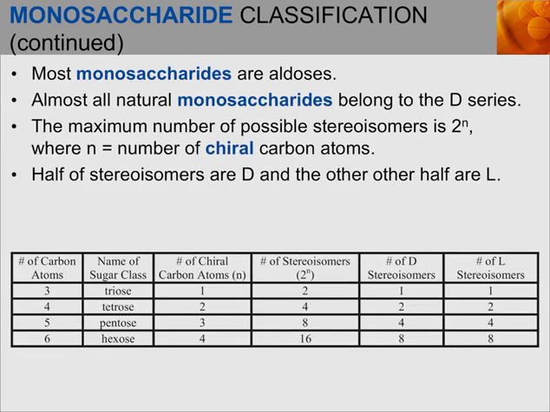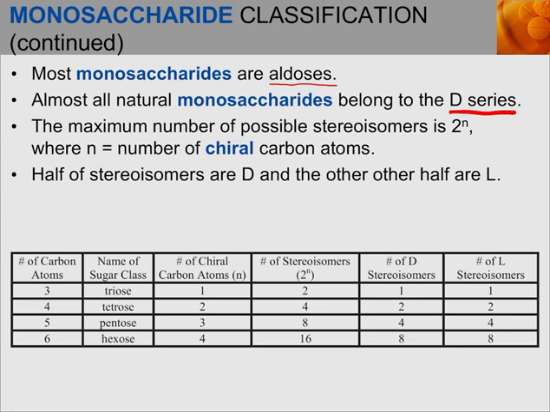Now, most monosaccharides are aldoses, meaning that they contain an aldehyde. And almost all natural monosaccharides belong to the D series, and we talked about that previously. Humans can only really metabolize D isomers of monosaccharides.